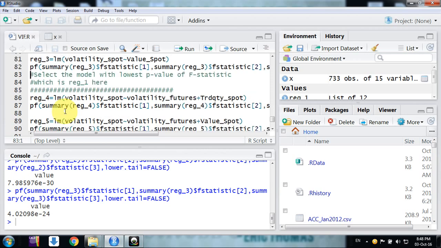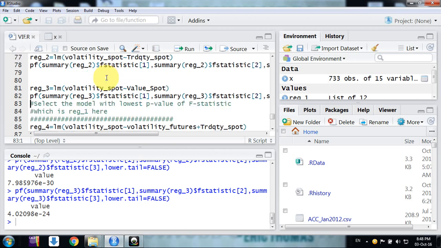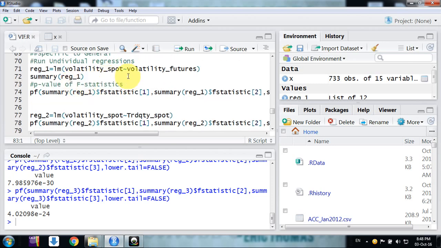So what will I do here? I now know for certain that the first variable, regression 1, volatility of futures, is part of my final model. So it is sure for now that volatility of spot depends on volatility of futures.